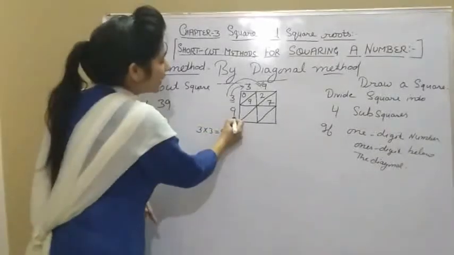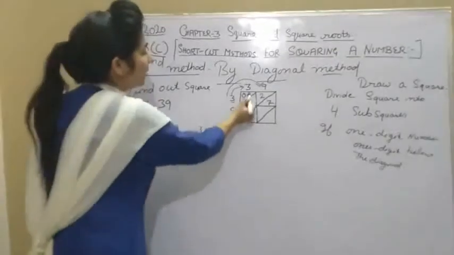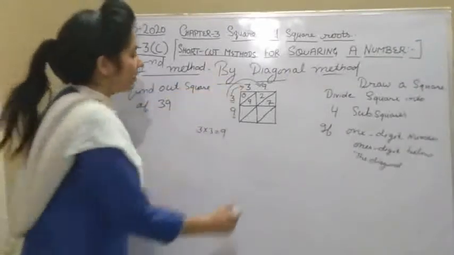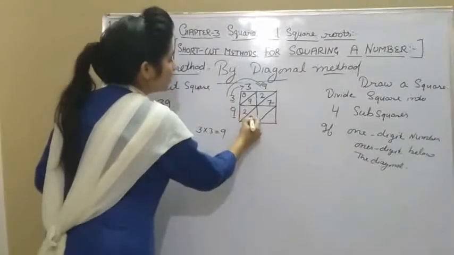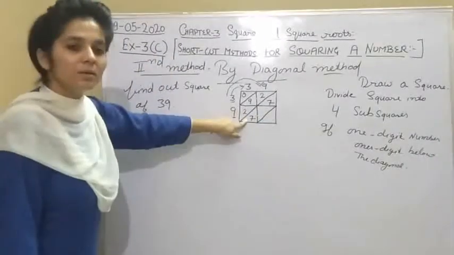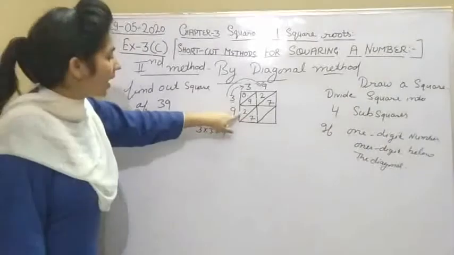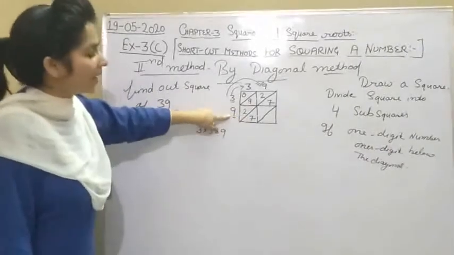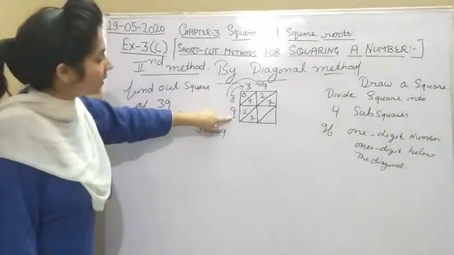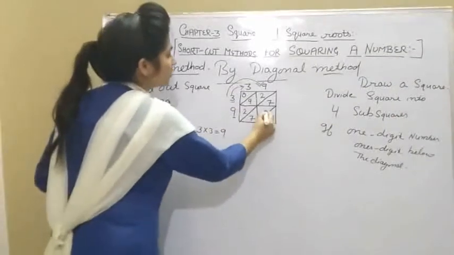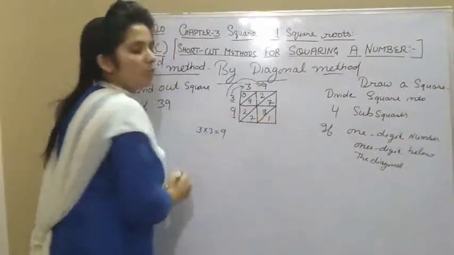You will multiply 9 by 3. 9 threes are 27. You will write 7 below the diagonal and 2 above the diagonal. Again we will multiply 9 by 9. It will be equal to 81.